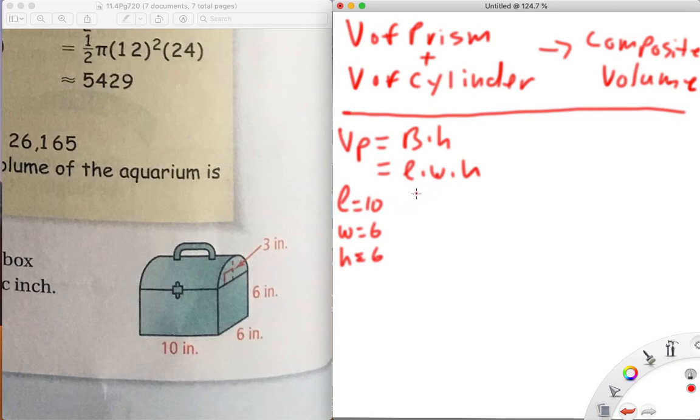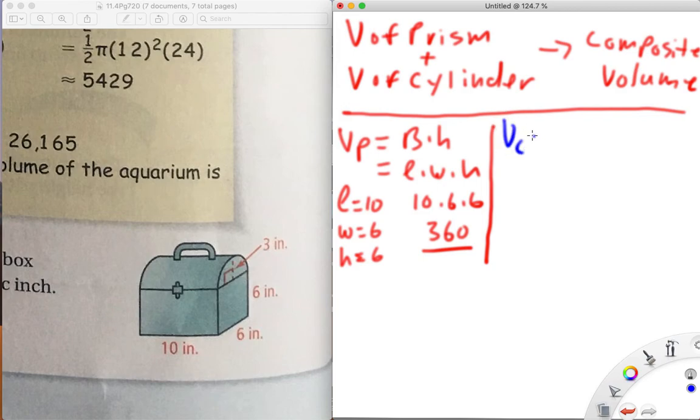So it's going to be 10 times 6 times 6, which is 360. That is the volume of the prism.